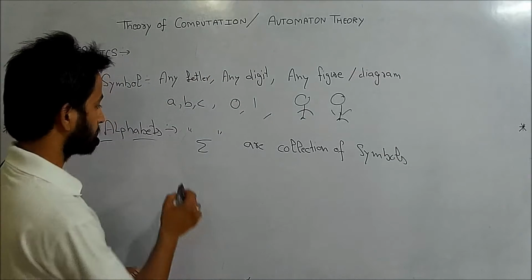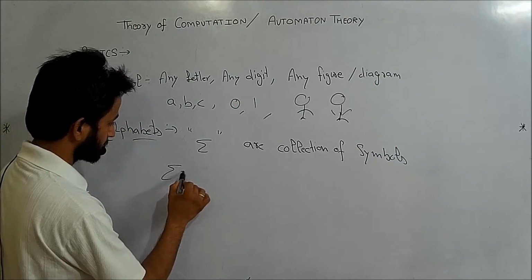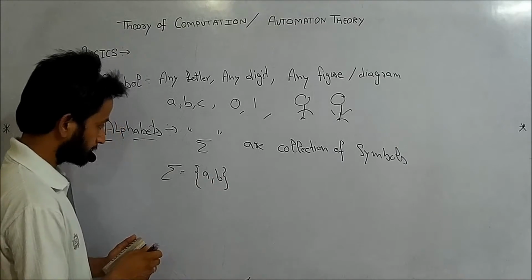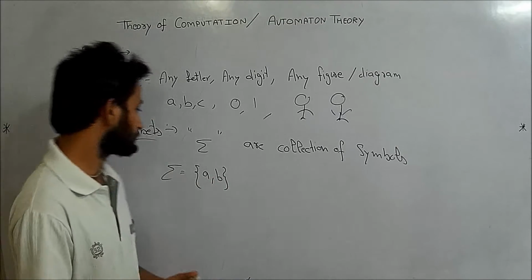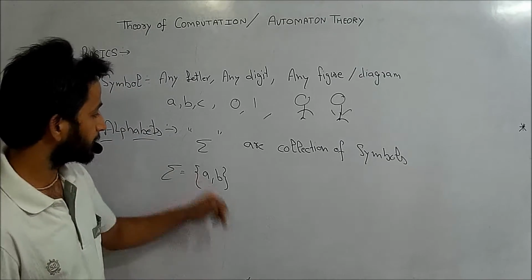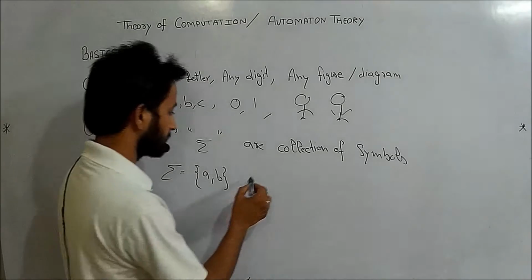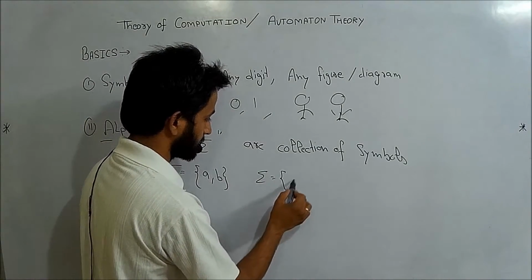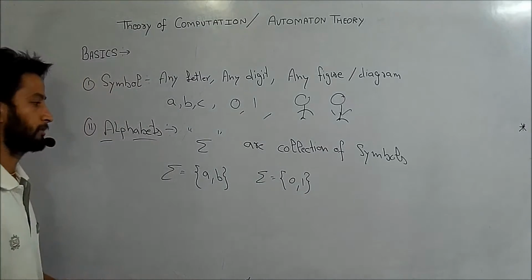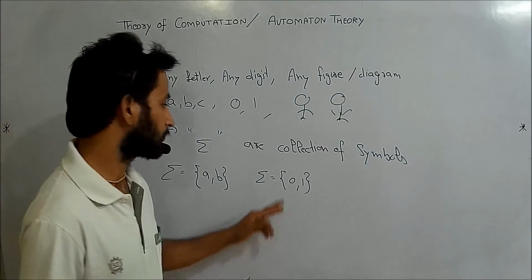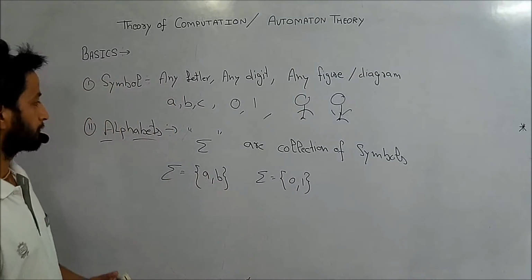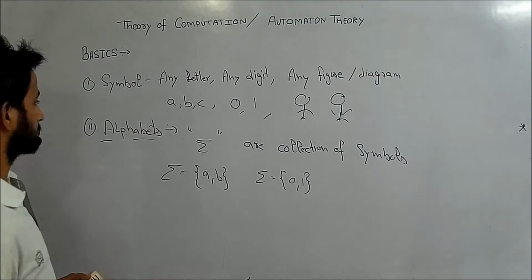If I am saying that sigma is equal to A and B, then we are restricted to use only A and B symbols. If I have sigma is equal to 0 and 1, then in theory of computation or automata theory, we are restricted to use only these symbols, 0 and 1. So this is alphabet.